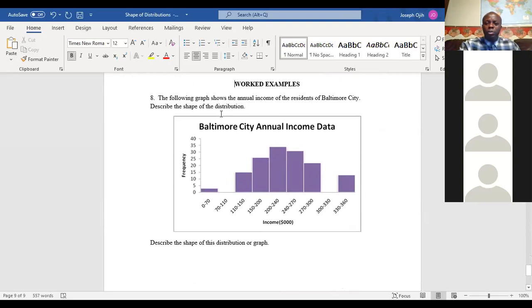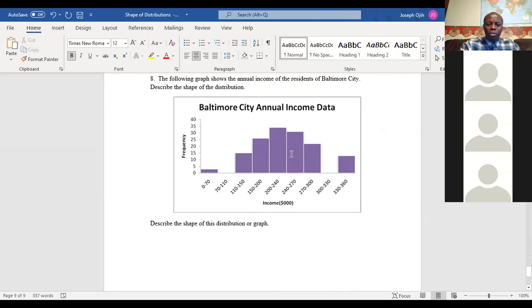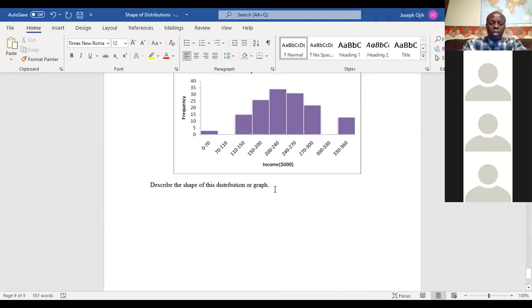Describe the shape of the distribution. Now, if you look at this distribution, you can see that it stretches more on the left side than on the right side. And it also has two outliers on the left side and right side. So I will say here, explanation.